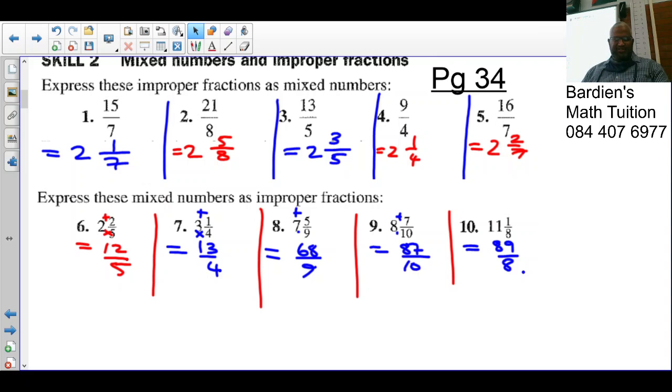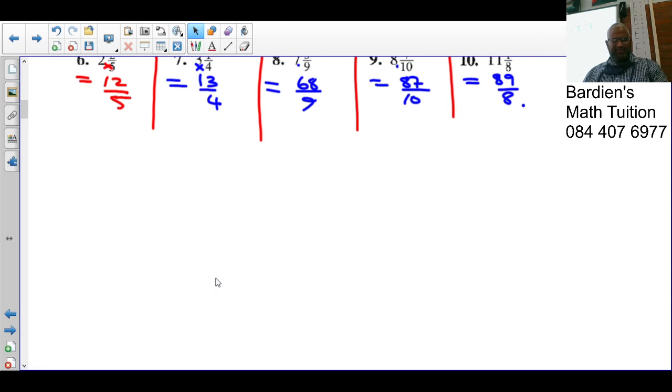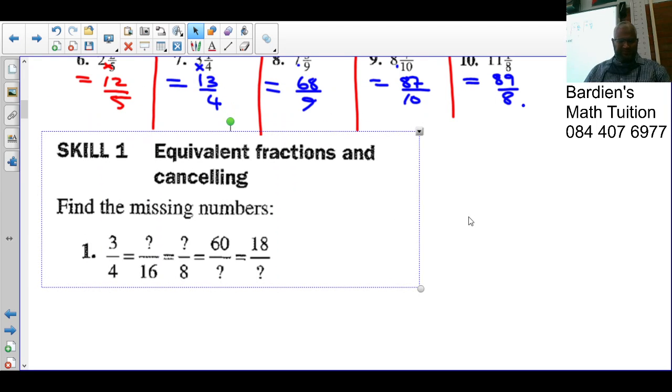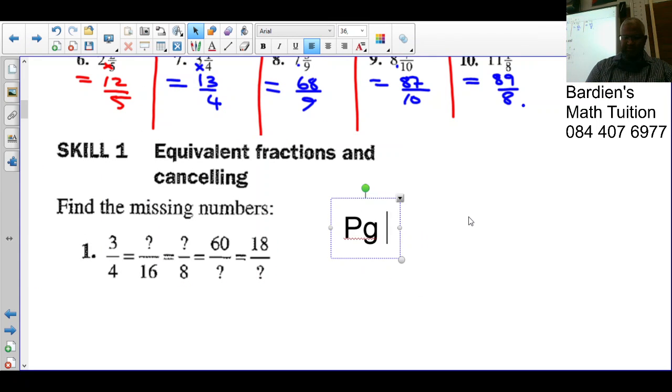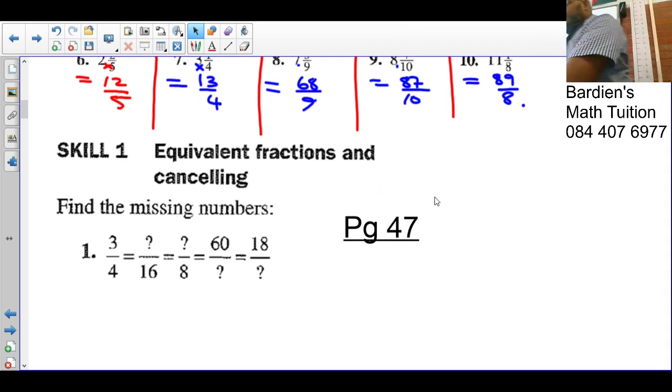But with regards to skills 1 on page 47, learners always get confused with this. Okay.